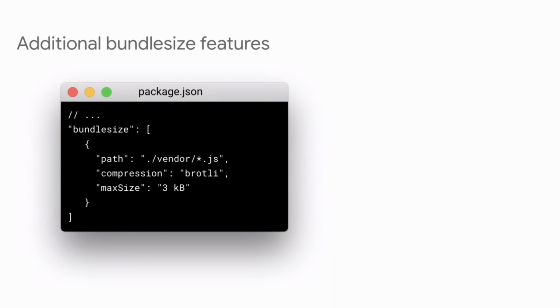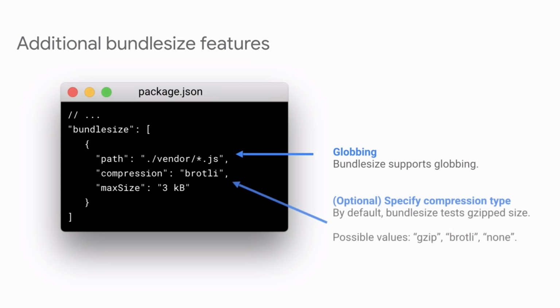There are 2 features of bundlesize that I want to note. One is that it supports globbing. This means that you don't have to manually set budgets for every single file in your repository. Secondly, bundlesize allows you to specify the type of compression to be used when measuring a file.